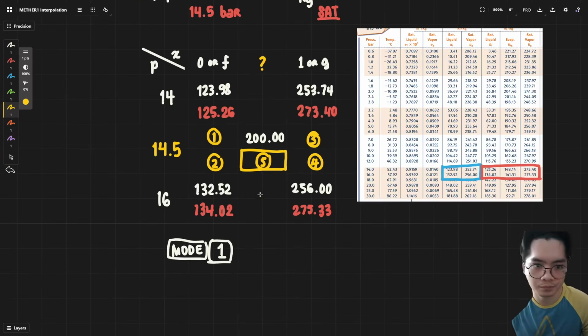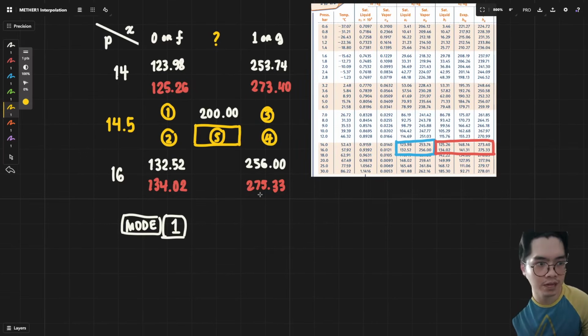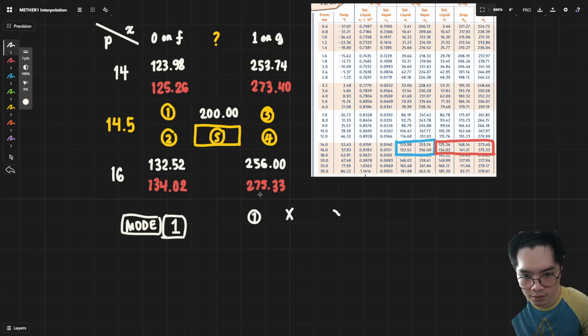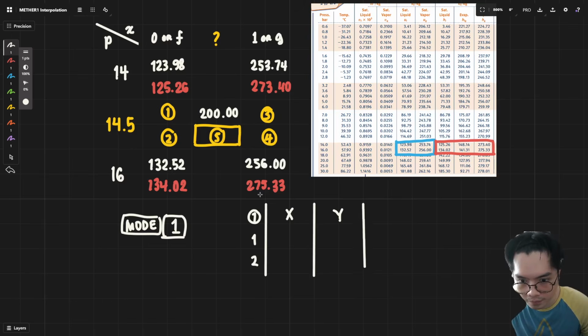Okay, now let's try this out. We will have our first interpolation, X, then Y, and then 1, and then 2. Let's put in here our lines. A line, then another line.